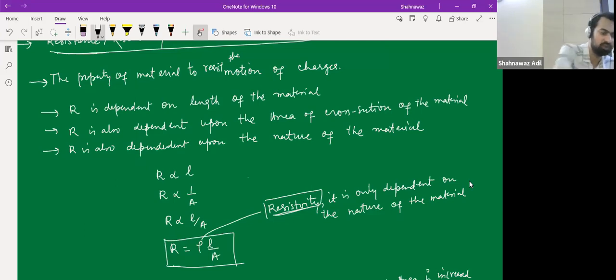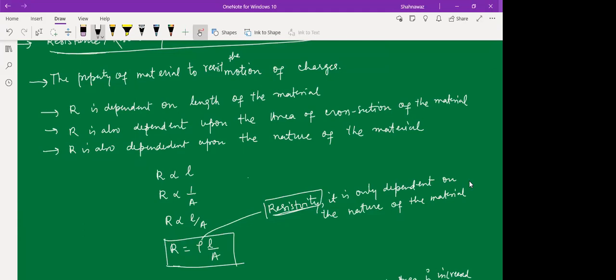Yeah, noted, guys. Should I scroll down this screen? Yes, should I scroll down the screen, guys? Yes, sir.